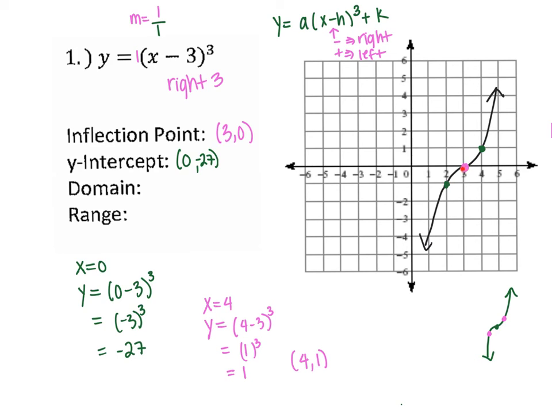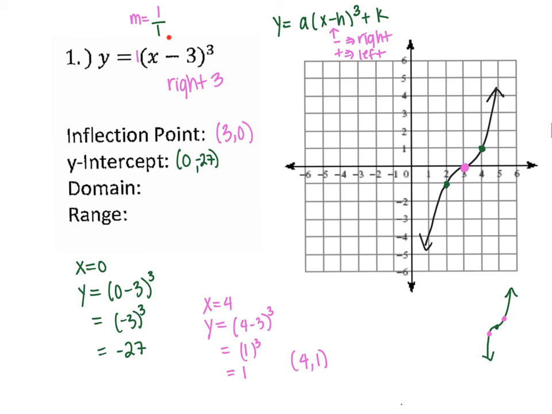And funny thing is, if this is 1 over 1, so from the inflection point, you would go up 1 and over 1. Well, isn't that the point we just plotted a moment ago? And so you would plot it there. Using the slope, again, you can go the opposite direction, so down 1, over 1, and plot it there. And it just so happens that that also gives you the 2 points that are next to the inflection point.